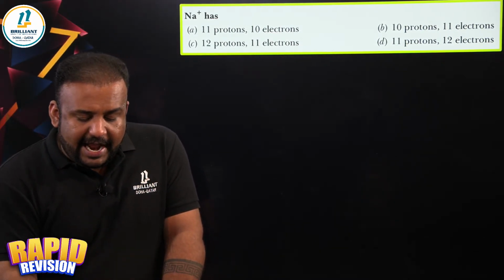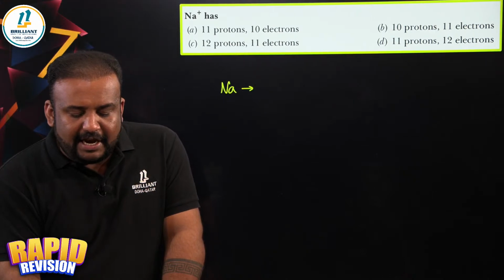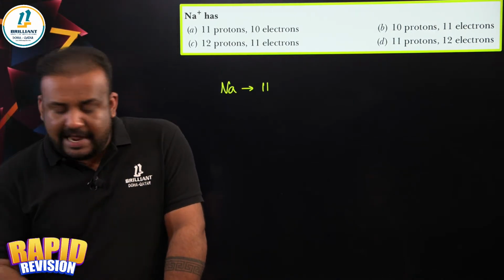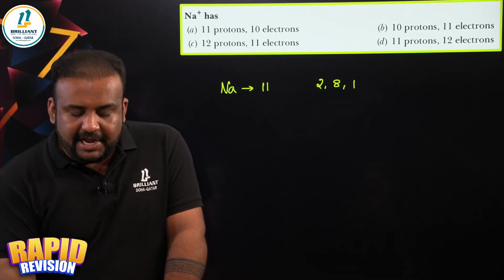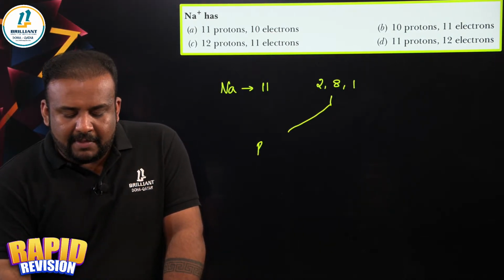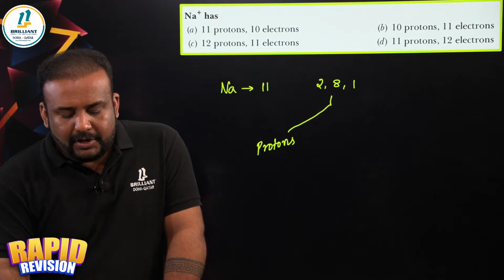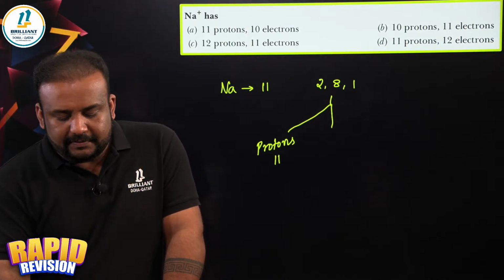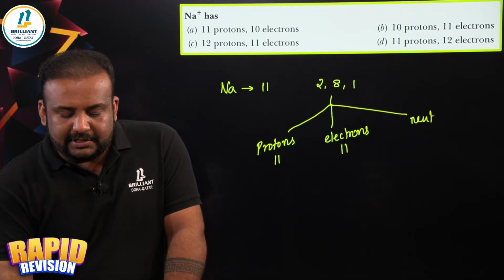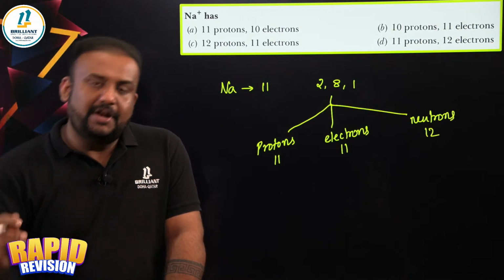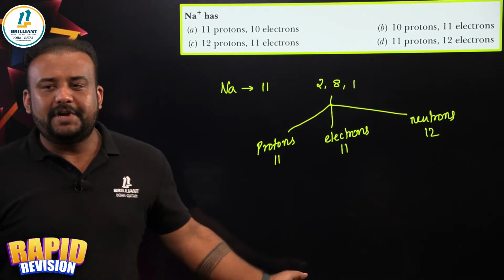So if you take Na, sodium is an element with atomic number 11, and its electronic configuration is 2,8,1, which means in an atom of sodium we have total 11 protons, total 11 electrons, and the remaining is neutrons. In case of sodium, it is 12 neutrons because atomic mass of sodium is 23.